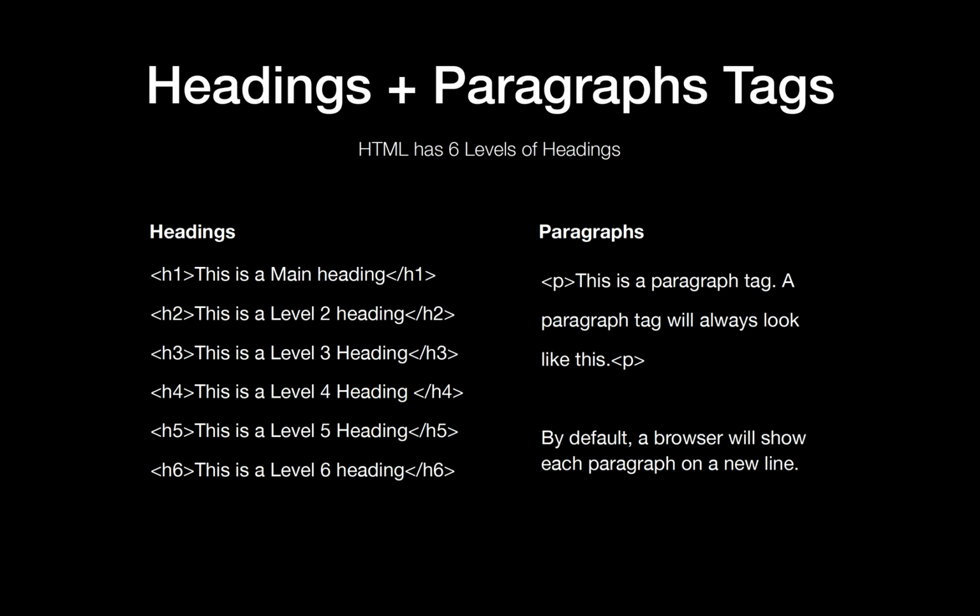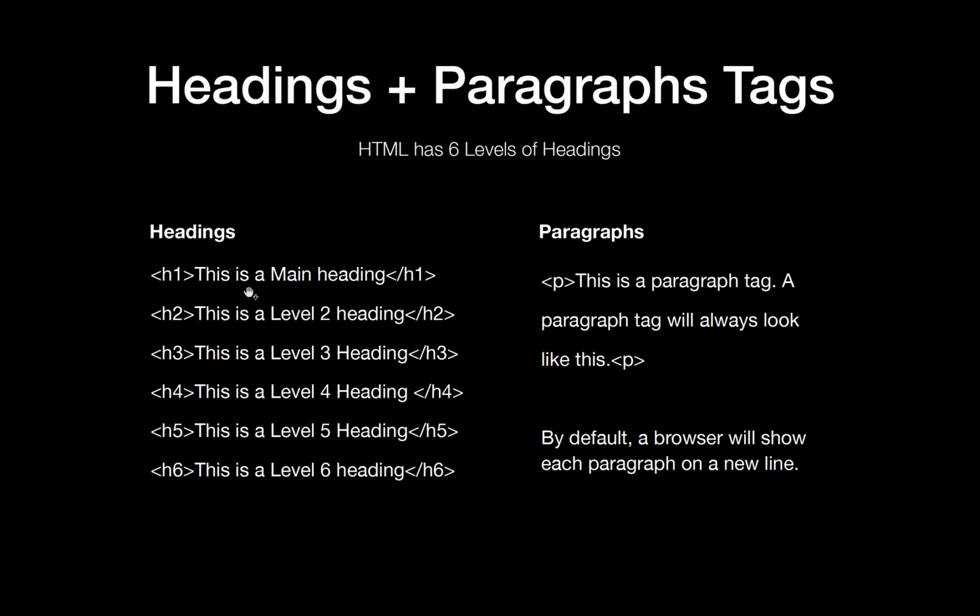So headings and paragraph tags. HTML has 6 levels of headings. They're super easy, as long as you can remember H, that's a heading, and then 1 through 6. So we have H1, H2, H3, H4, H5, and H6. This is just straight text, so you're not seeing what that actually looks like.